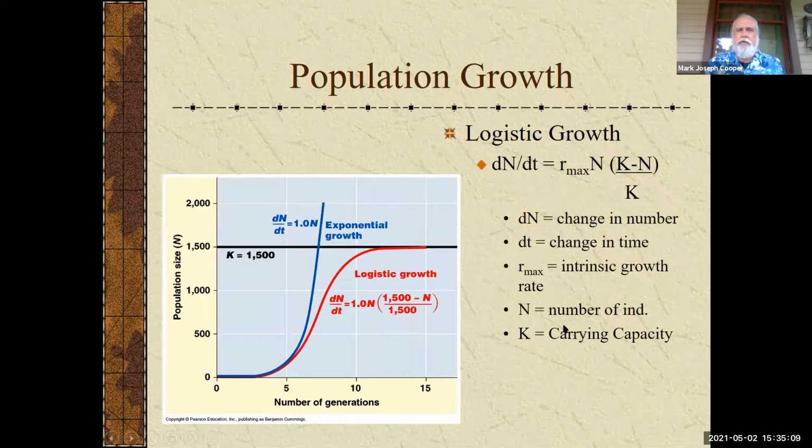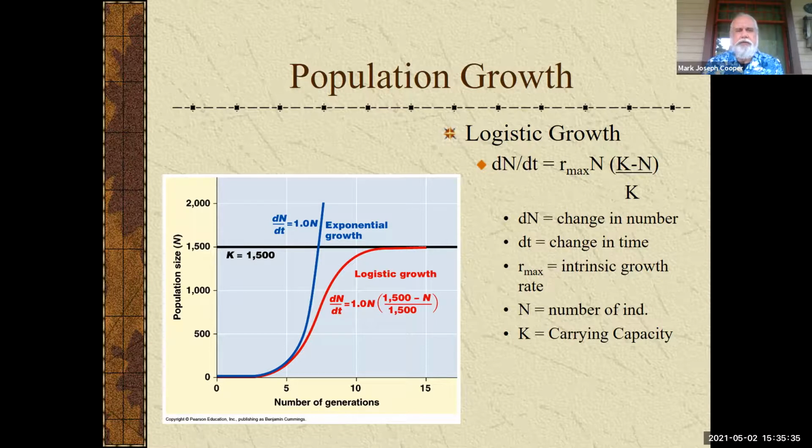The other type of growth is logistic growth. Again, I want you to know this equation also. What you're going to notice is the equation is very similar to the first one, except we have this extra term on the end, (K - N)/K, where K is called the carrying capacity, and that is how many individuals a habitat can sustain.